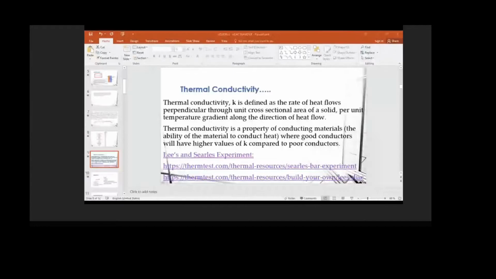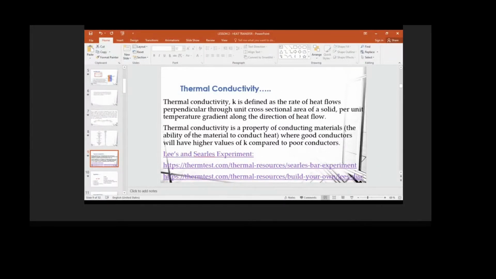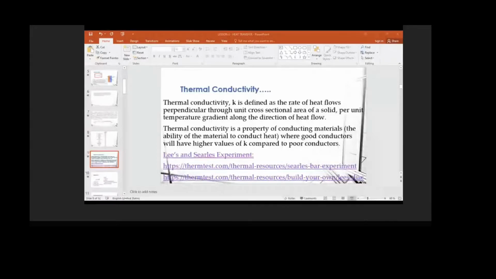All right, so the syllabus requires you to know two experiments that were done by two different scientists in terms of demonstrating thermal conductivity. Thermal conductivity is the rate at which heat flows perpendicular through a cross-sectional area of a solid per unit temperature gradient along the direction of the heat flow.